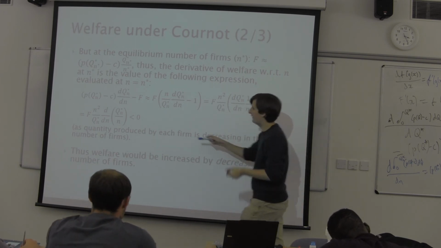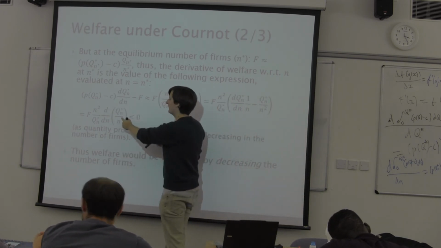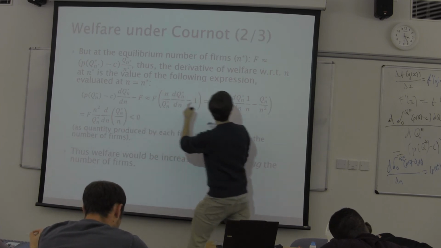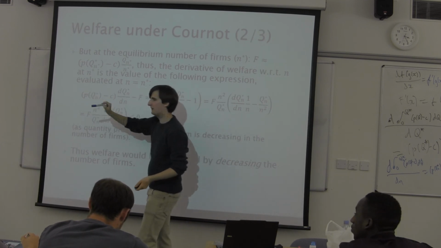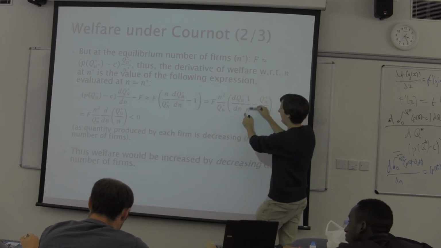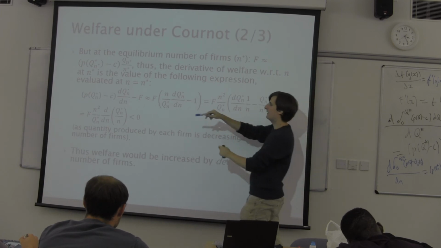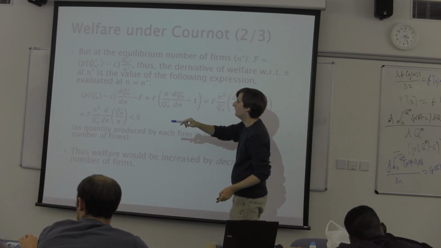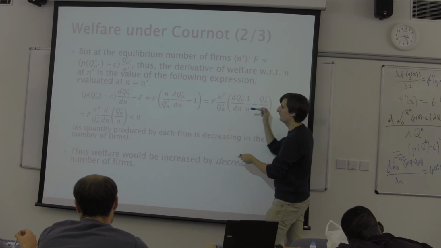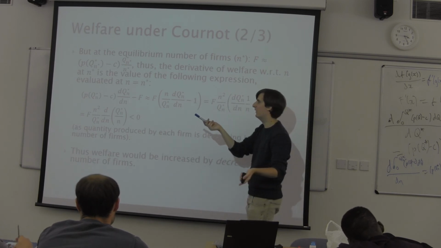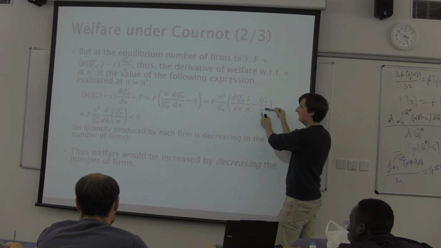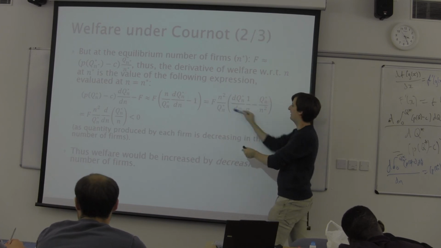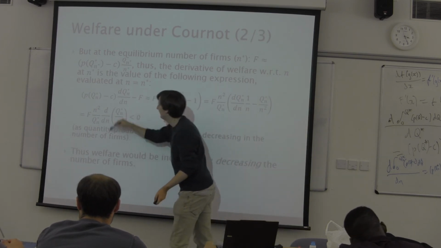So the derivative of the top, times the bottom, divided by the bottom squared, so that's just divided by the bottom, minus the derivative of the bottom, which is derivative of n with respect to n, just 1, over the bottom squared. So this thing in brackets is just this thing.